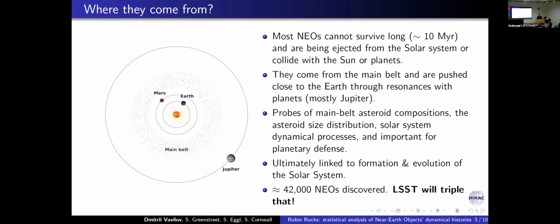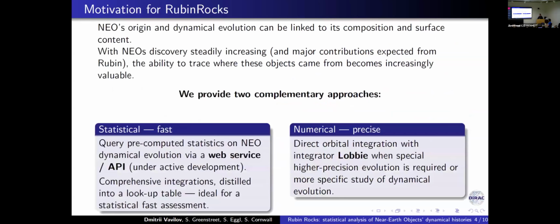So that's going to be really good. Since a near-Earth object is a probe of some part of the main belt, once you study this object, it's like you're studying that region of the main belt. And it's much easier to study something which is passing by you and not something very far. So that's why this information of where they came from can be really valuable.